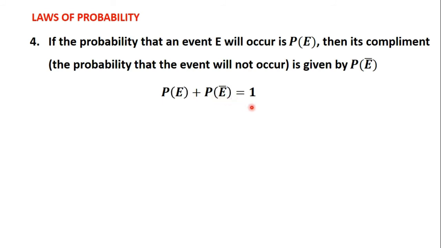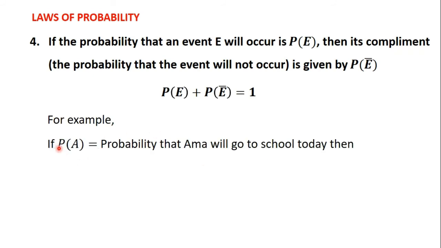So what this means is that if you add a probability to its complement, you will get 1. Now, the probability that E will occur is written as P(E). The complement of that is the probability that E will not occur, and is written as P(E complement).